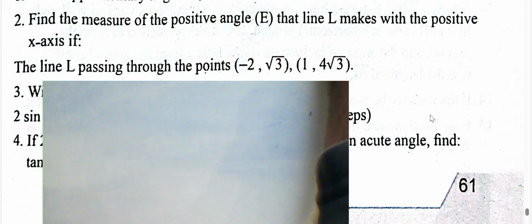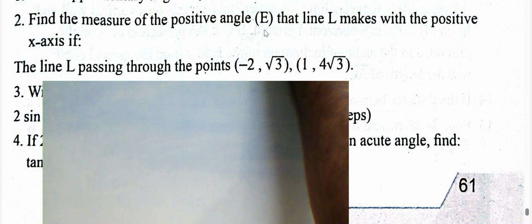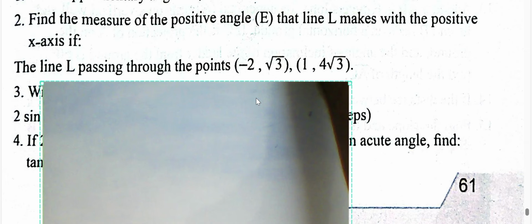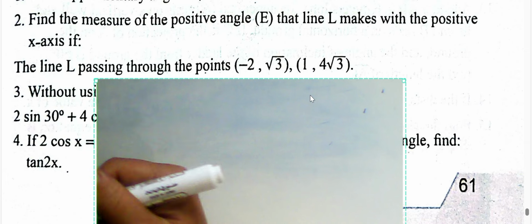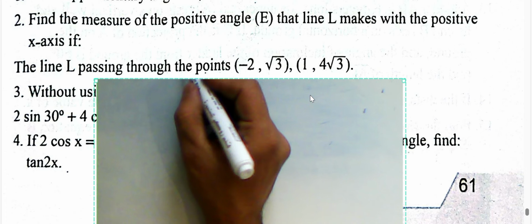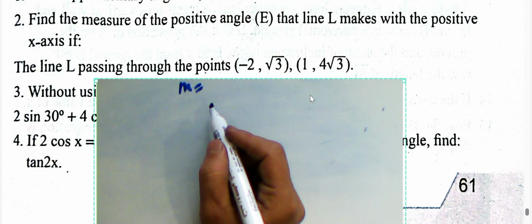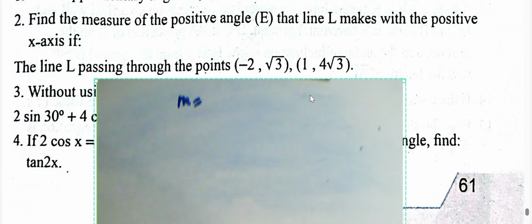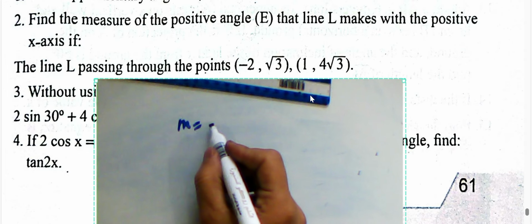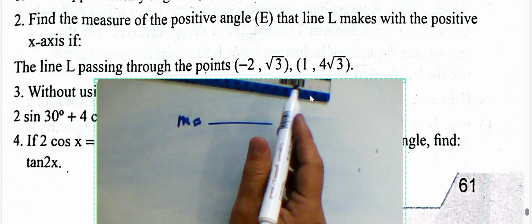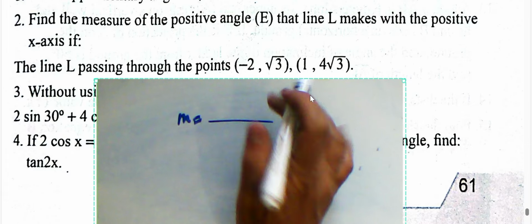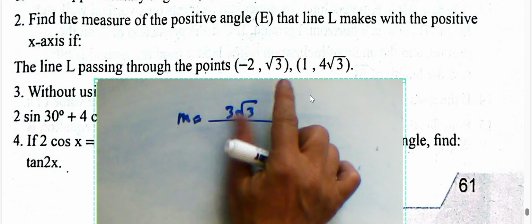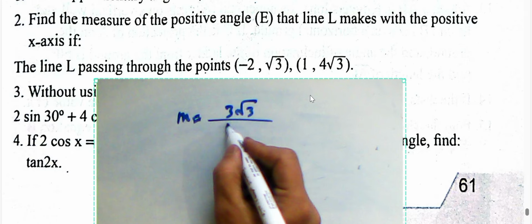Next question. Find the measure of the positive angle theta that the line makes with the positive x-axis, where the line passes through two points. We can find the slope: y2 minus y1, 4 root 3 minus root 3 equals 3 root 3, and 1 minus minus 2 equals 1 plus 2 equals 3.